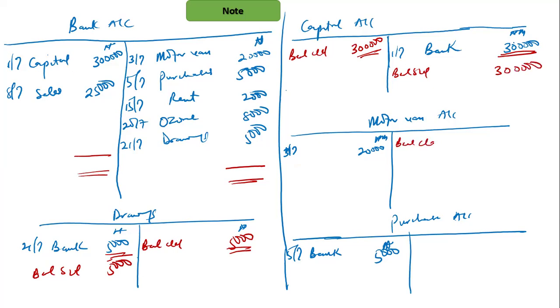Motor van, balance brought down, that is 20,000, and this shows that I'm having a debit balance of 20,000. Balance brought down 5,000, which comes here, purchases, a debit balance of 5,000.